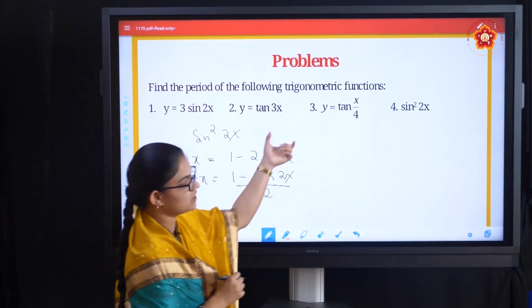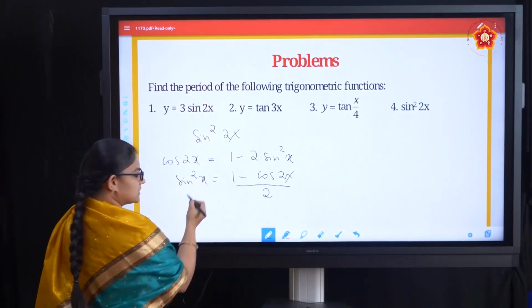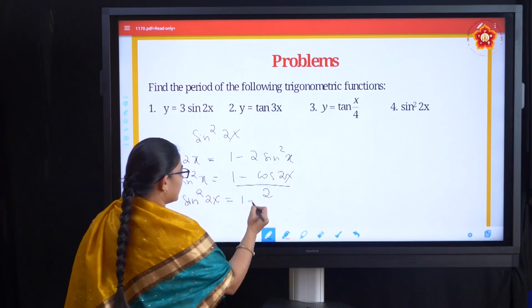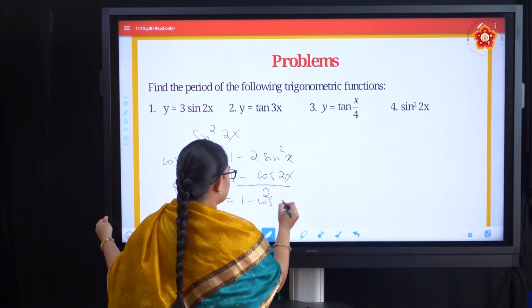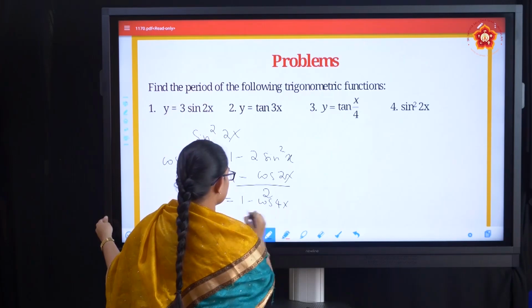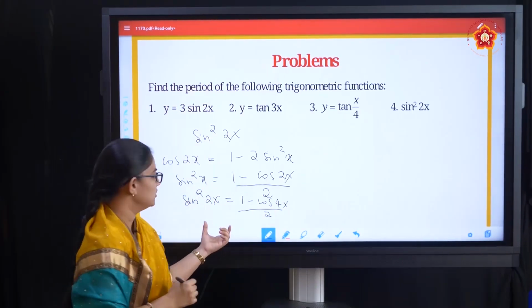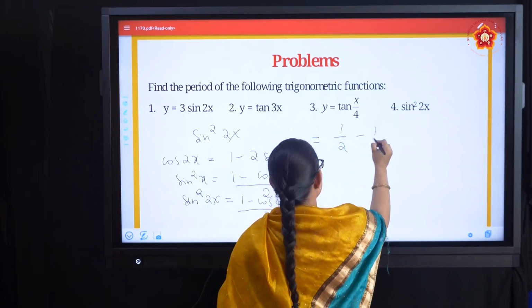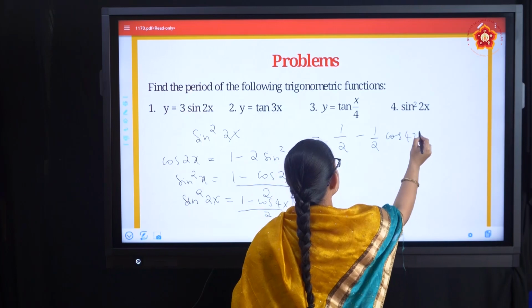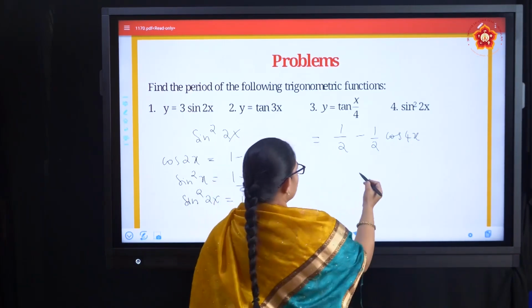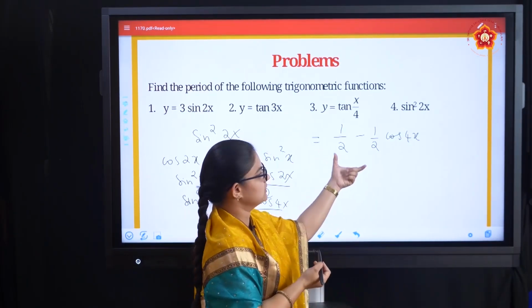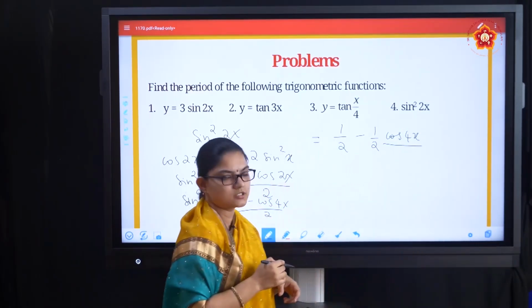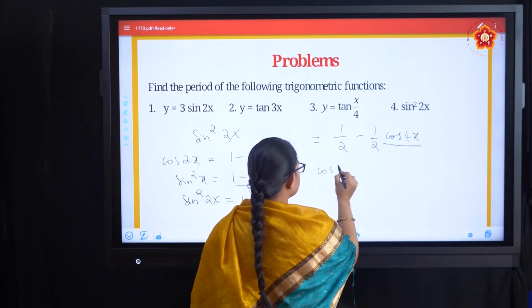Now we need sin square 2x. So in place of x, let us substitute 2x. So that is sin square 2x, which is equal to (1 minus cos 2 into 2x), that is 4x, by 2. Now we can rewrite that as half minus half into cos 4x. Now this particular function is depending on cos 4x, so let us find out the period of cos 4x.